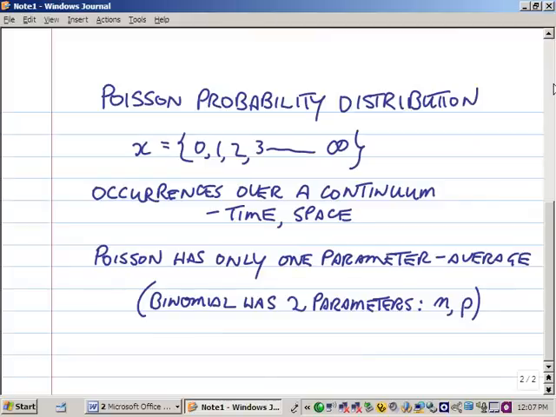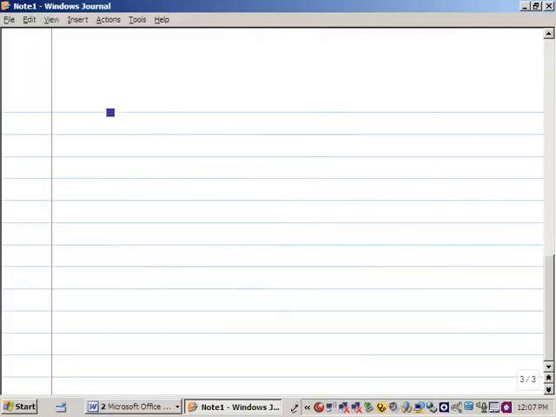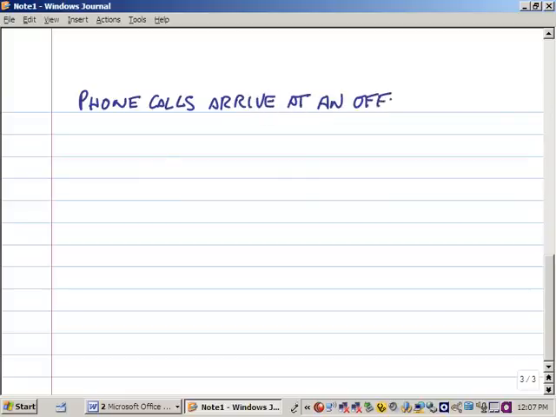So let's look at a very simple example. Let's say that phone calls arrive at an office at an average rate of one every 5 minutes.